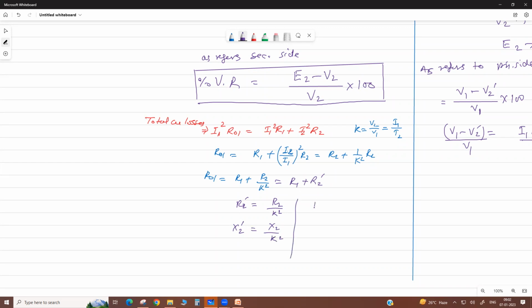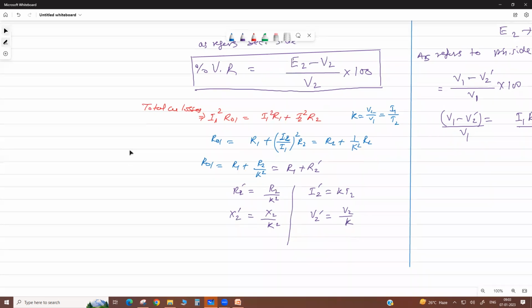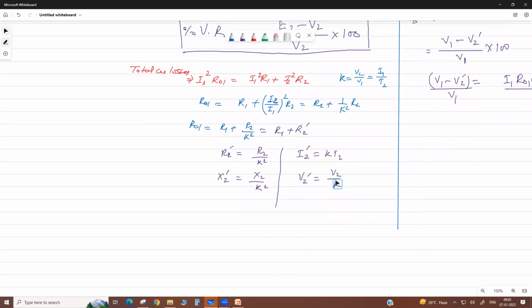Now current we already calculated: I2 dash equals K I2. Current is multiplied and voltage V2 dash equals V2 by K. Voltage is divided. Please remember, current is multiplied, voltage is divided.